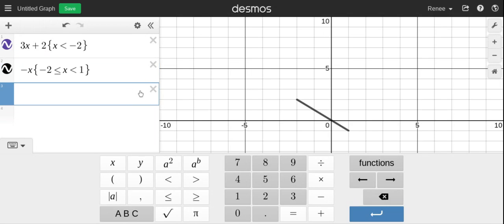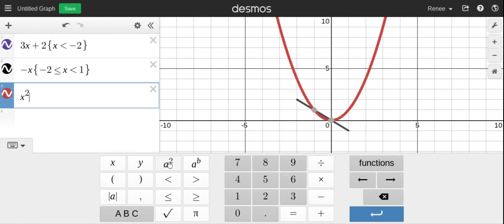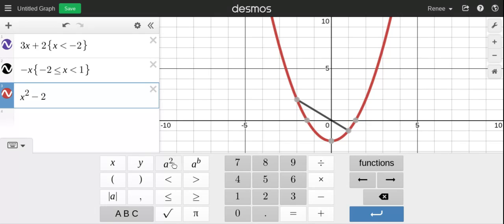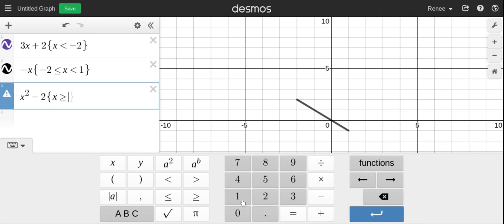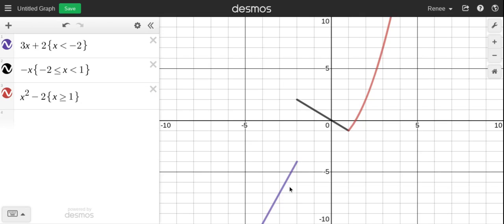And then you had x squared minus 2 from x greater than or equal to 1. And so your graph should look like this. Okay, compare that to example number 5.